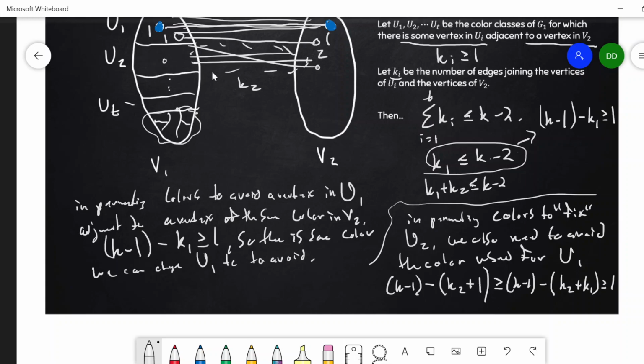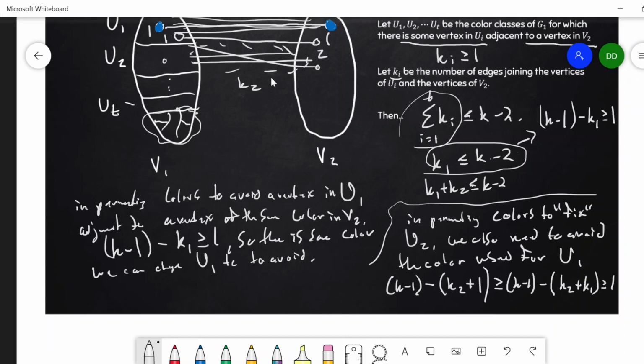Now, hopefully you can generalize this. I can keep doing the same process. I'll keep having more colors that I need to avoid, but since any partial sum of this is at most K minus 2, I'll be able to follow the same logic and see that we always have at least one color available to permute.